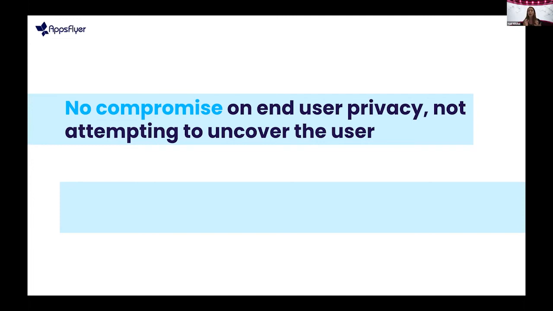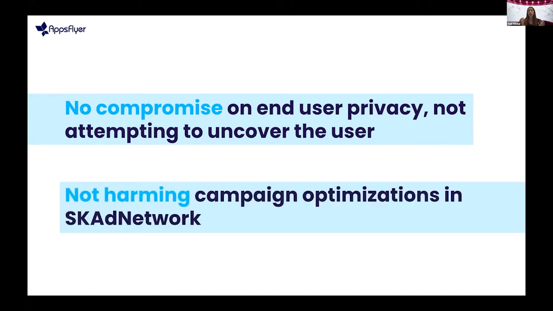The only thing that this solution is doing is aggregate those two different models, SKAN and the MMP, in order to create one reality where each user is being represented only once. By the way, we will send all the postbacks to the network, regardless if we found attribution or didn't find attribution. That way, the networks can keep optimizing the conversion value of SKAdNetwork.